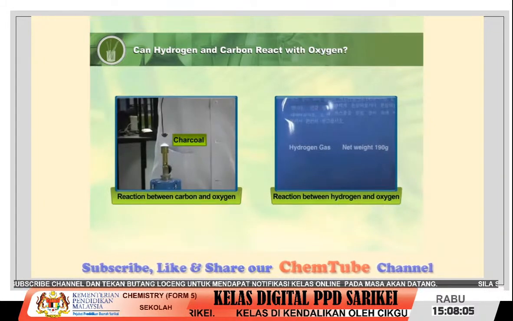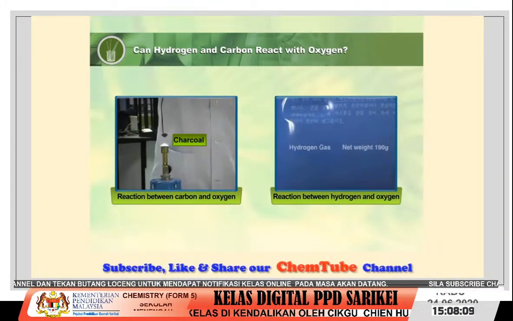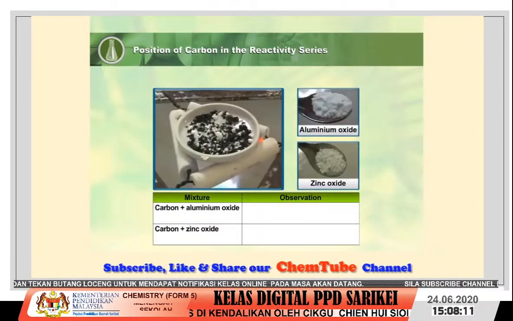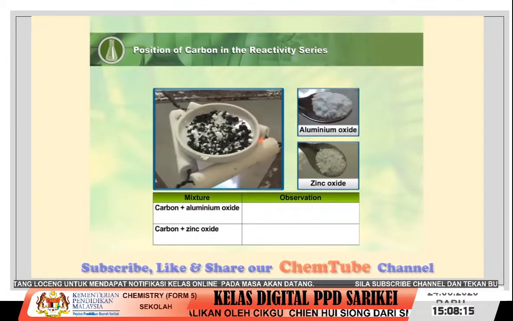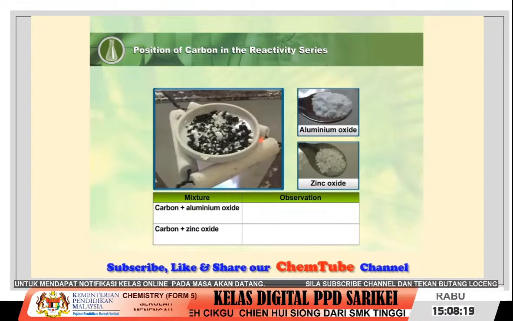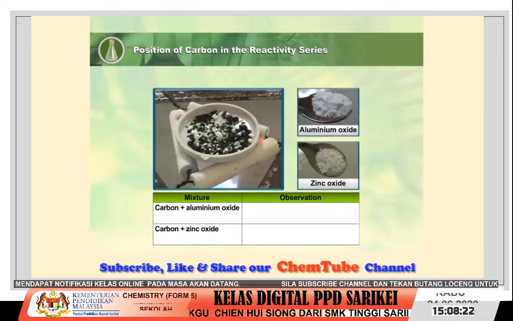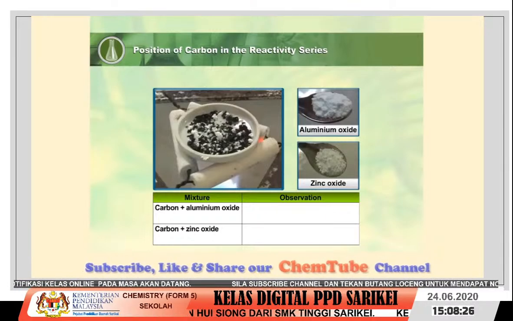Do you think non-metals like carbon and hydrogen can react with oxygen too? Let's try out this experiment. The idea is to find out the ability of carbon to remove oxygen from a metal oxide. Mix a spatula of each metal oxide to carbon in the crucible.